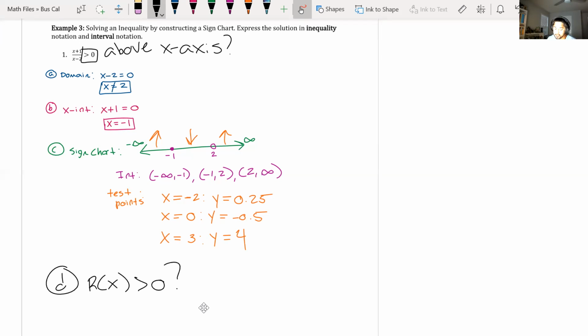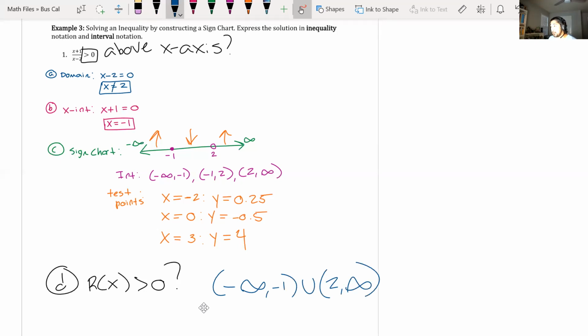So first, let's go with the interval notation. Looking at the sign chart above, on what intervals are we above the x-axis? What do you see? Negative infinity to -1. And then where else? 2 to infinity.